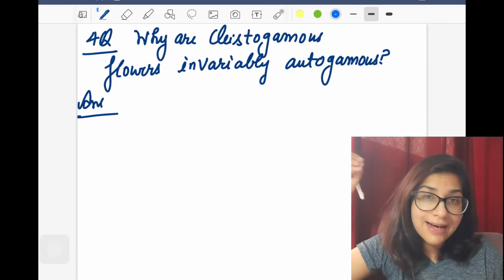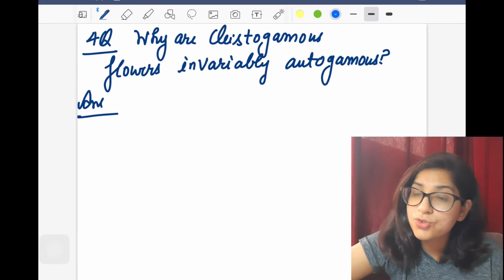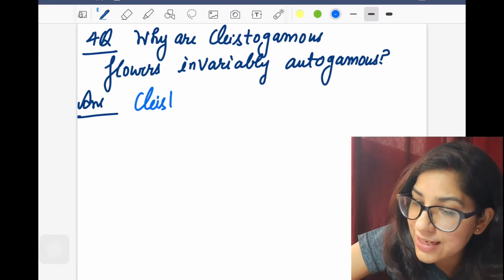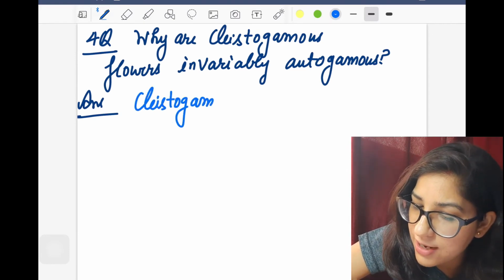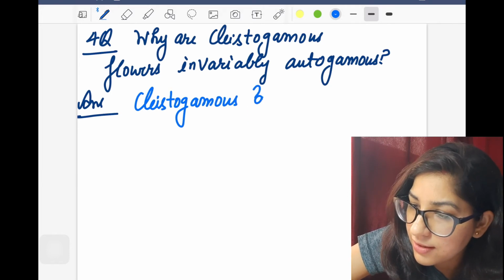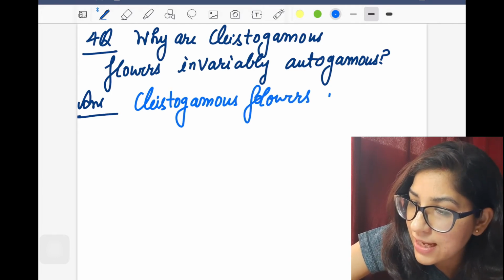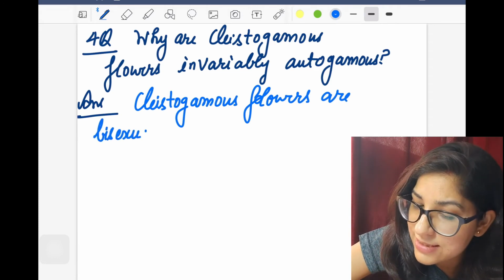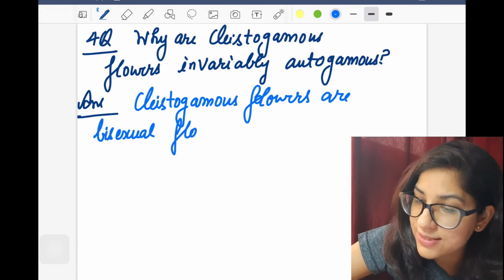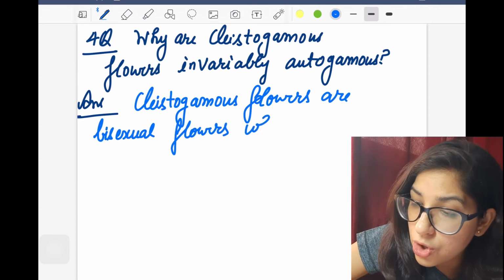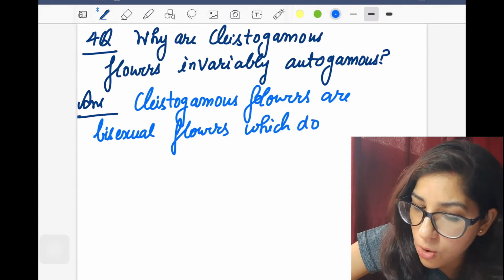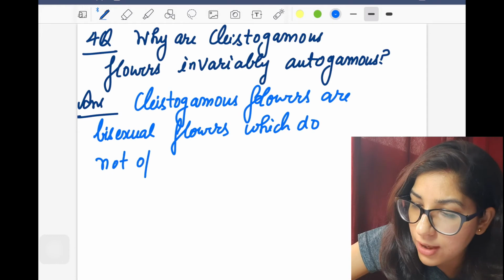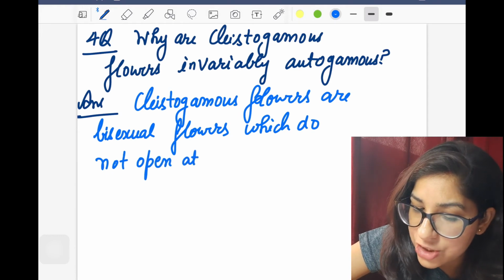Now you are writing the answer, so you need to mention that Cleistogamous flowers are bisexual flowers which do not open at all, even at maturity.